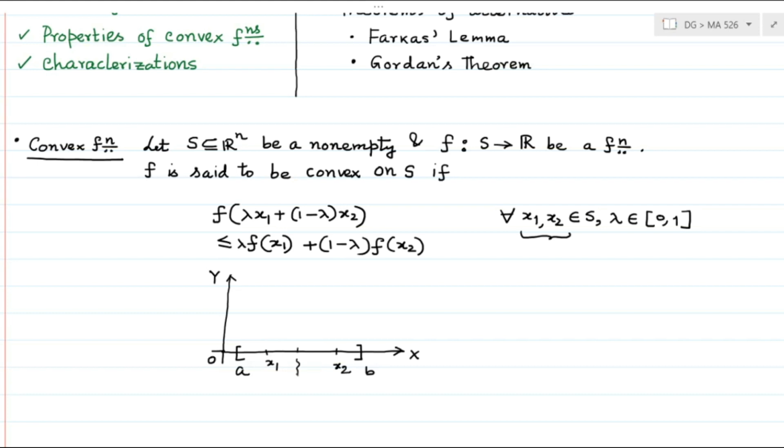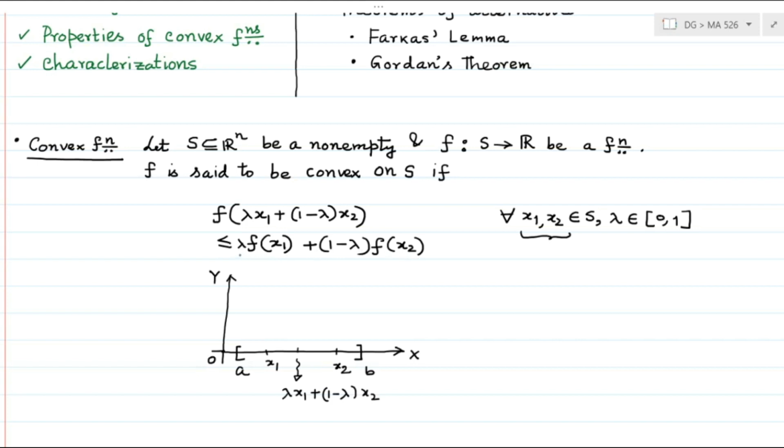Let me suppose this is my considered convex combination. Any convex combination of x1, x2 you take, lambda x1 plus 1 minus lambda x2. And the function value at this point is below the value lambda f(x1) plus 1 minus lambda f(x2).